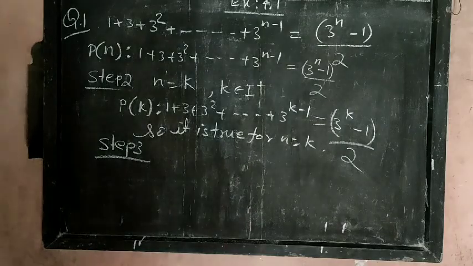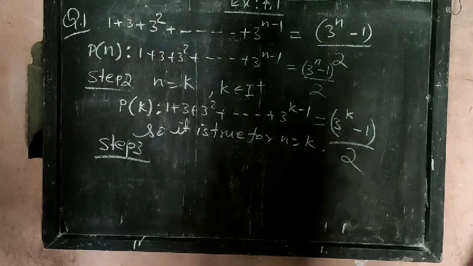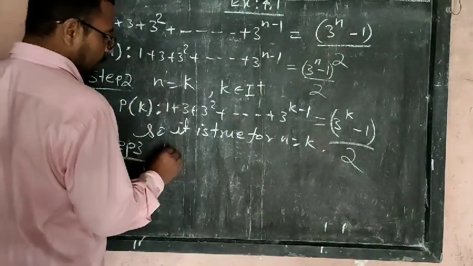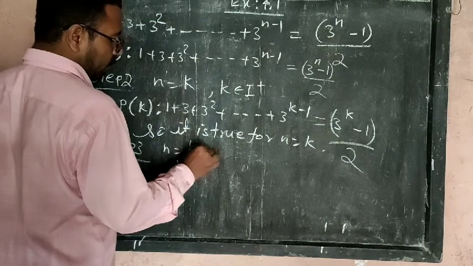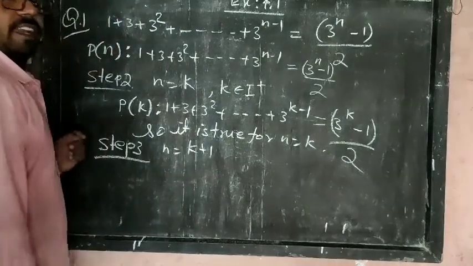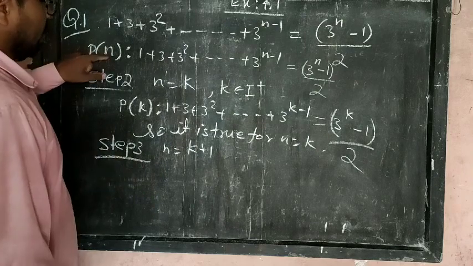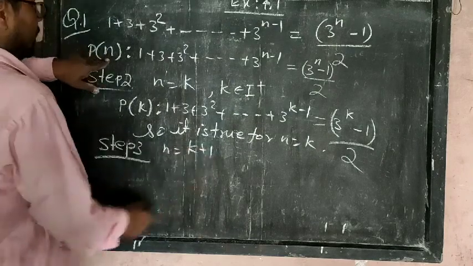So now, students, let's proceed here. Step number 3 was there, students. We have to check it for n is equal to k plus 1. That means we have to write the given statement with k plus 1.